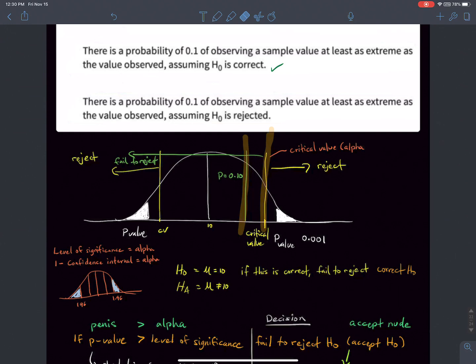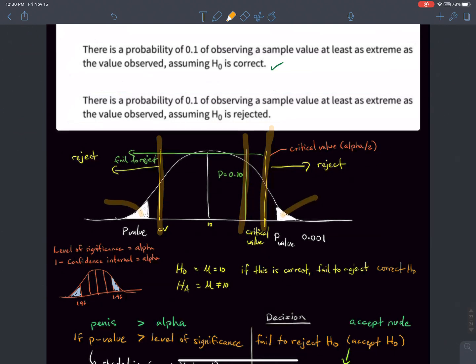It's a two-tailed test, so divided by 2. Right? And it is symmetrical here as well. But remember, p-value is both of them. This side, p-value.